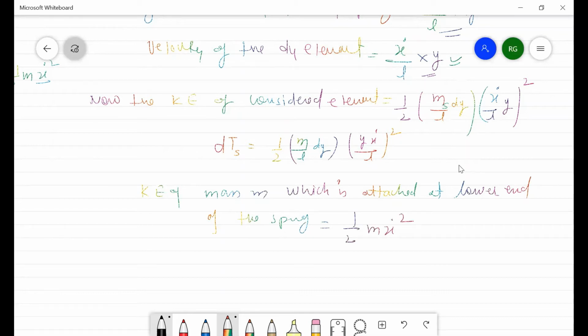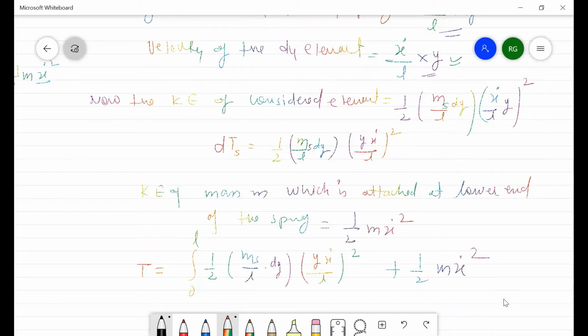So the total kinetic energy T equals the integration of this term from 0 to L of half ms by L multiplied by dy and y x dot divided by L whole square, plus half m x dot square.